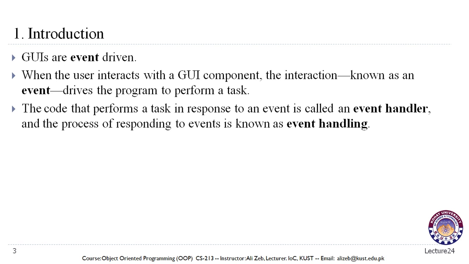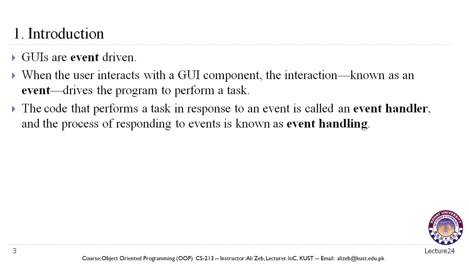The code that performs a task in response to an event is called an event handler, and the process of responding to events is known as event handling. Whenever we add objects to a GUI form, like buttons or labels or text fields, those objects will be performing some function.